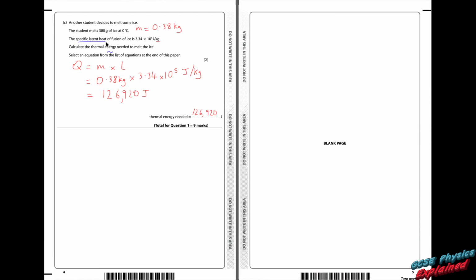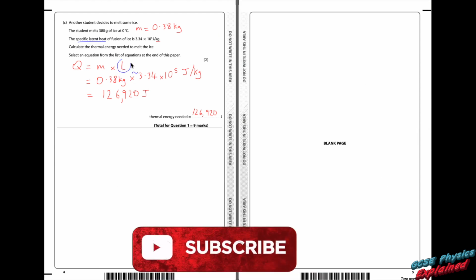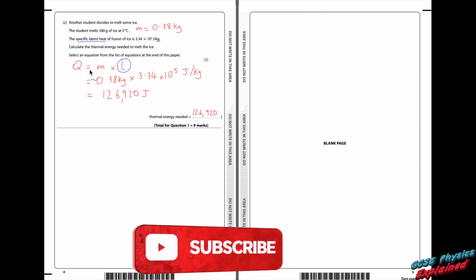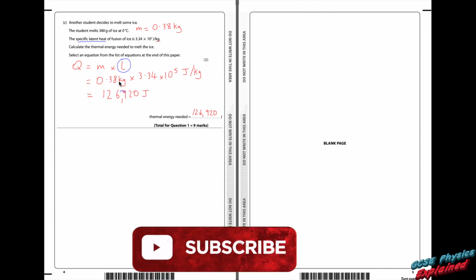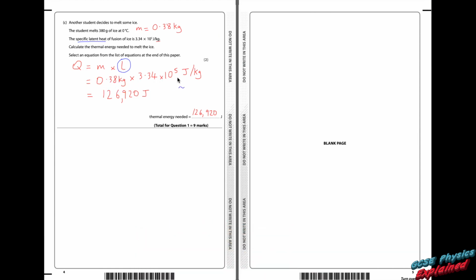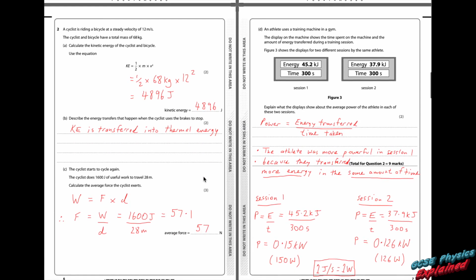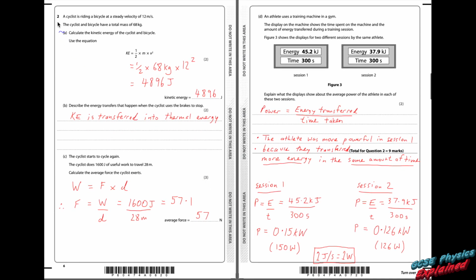So specific latent heat, that's why we need L. So Q equals mL. That's our mass in kilograms, and that's our specific latent heat. And the answer comes out as 126,920 joules.